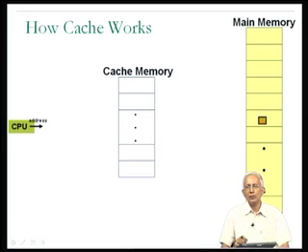Right? So we understood from our discussion in the previous lecture that both the cache and the main memory can be viewed as being organized in terms of blocks, not in terms of being byte addressable. We will view them as both being block addressable, and the block is some kind of a design parameter of a cache memory.